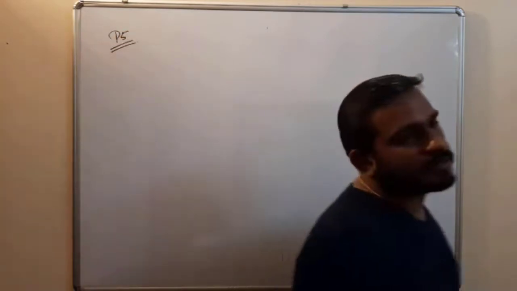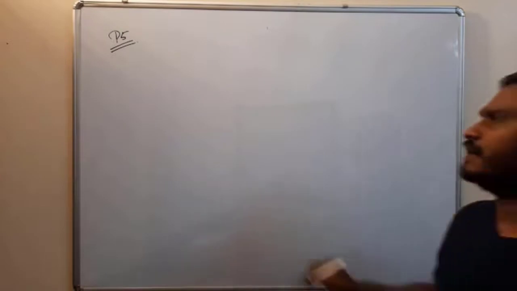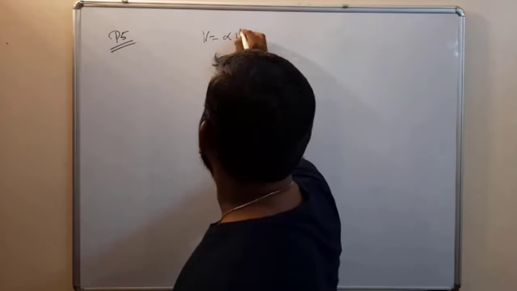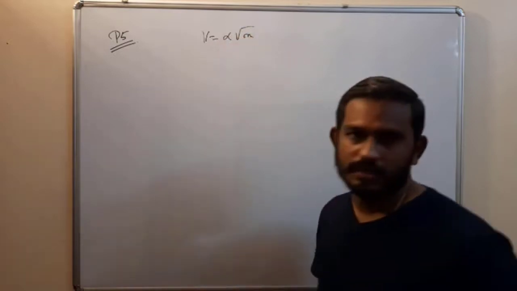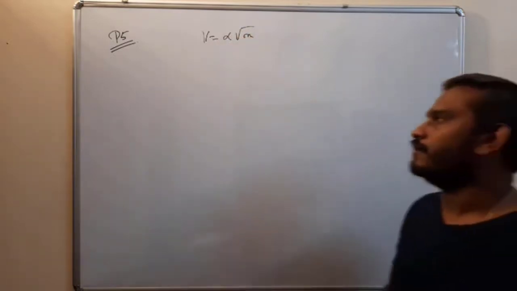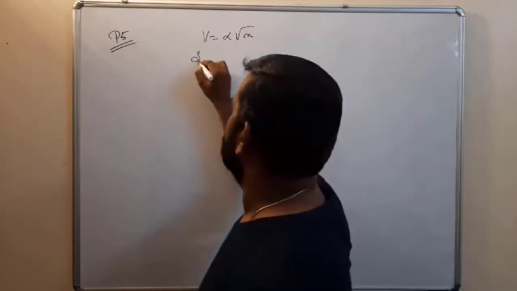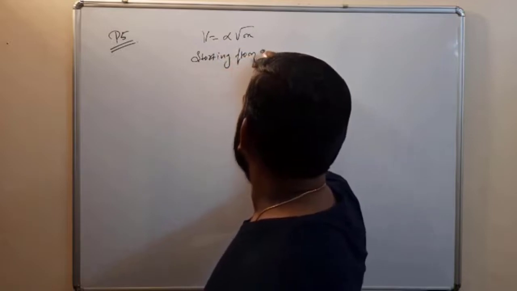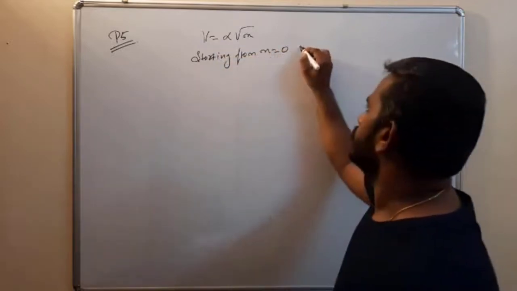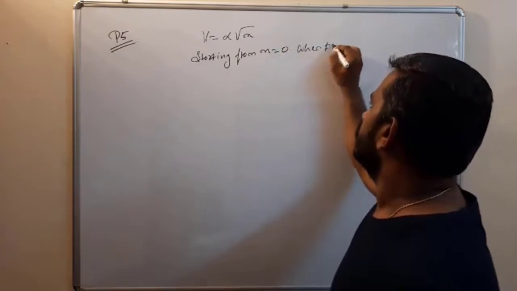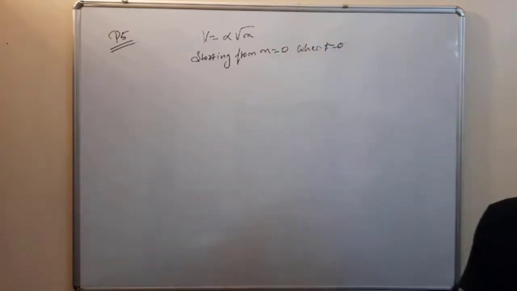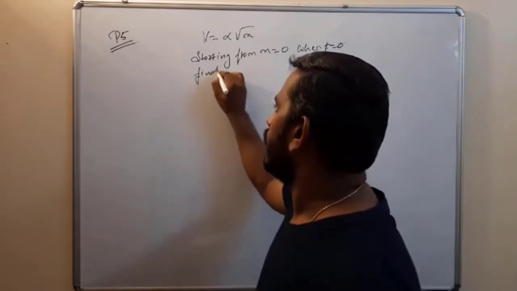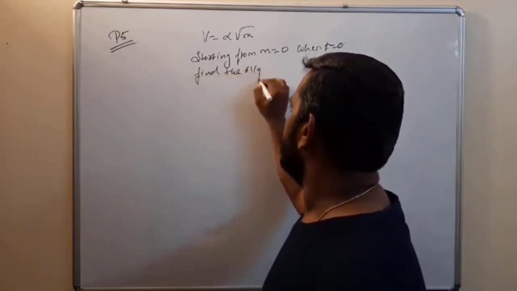A car is moving with a velocity v is equal to alpha root x, starting from x equal to 0 when t is equal to 0.